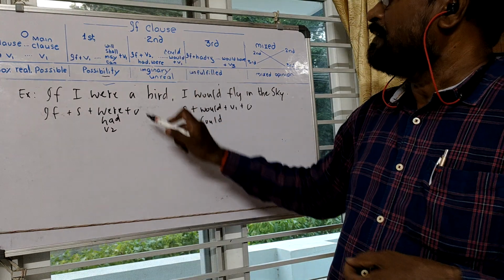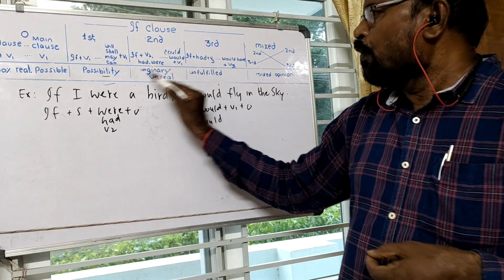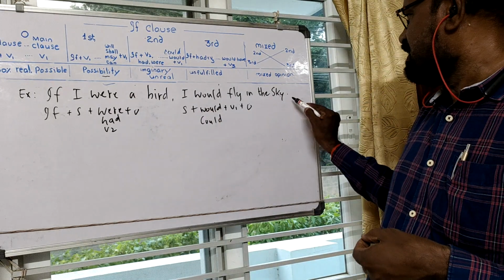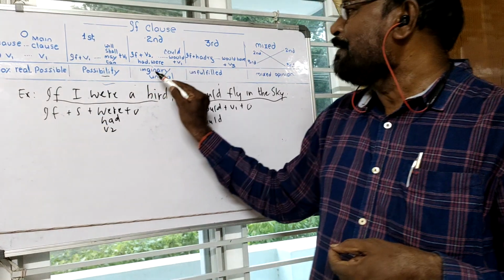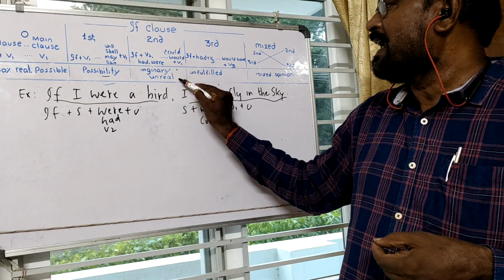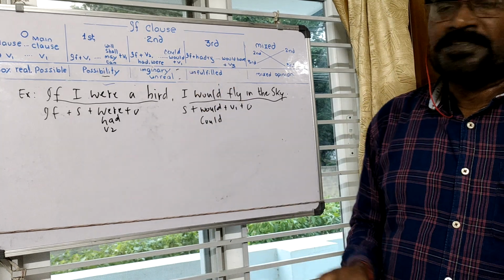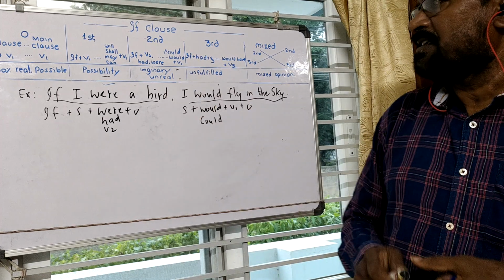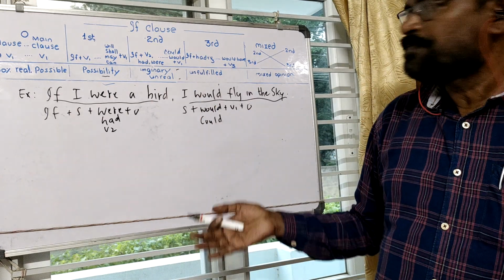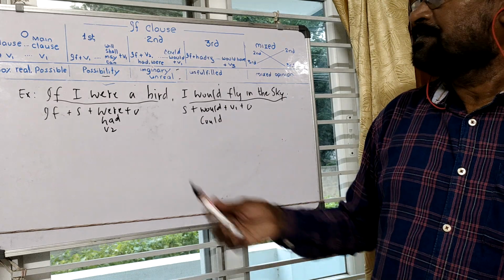See the purpose of the utilization of this second condition. We use this kind of sentences for imaginary things and unreal things. These are not the possible things, and we are talking about imaginary and unreal things. If I owned a lakh, I would buy a bike. It's not the real thing.